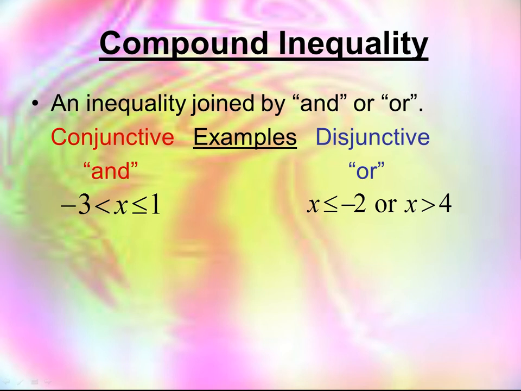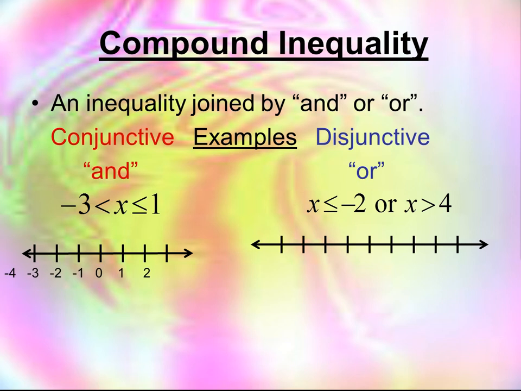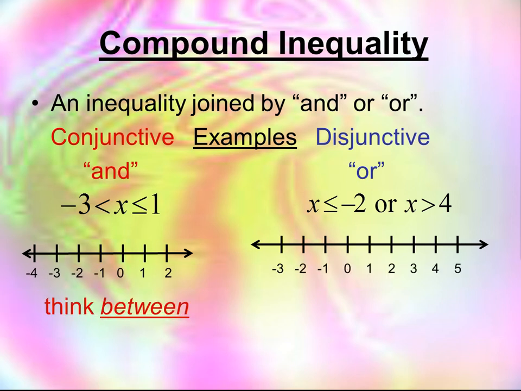Now when we look at the graphs of these two things, this is really important. When we graph an and inequality, a conjunctive inequality, the shaded portion is always going to be between those endpoints, isn't it? Because we want the x values trapped between the lower value of -3 and the upper value of +1.